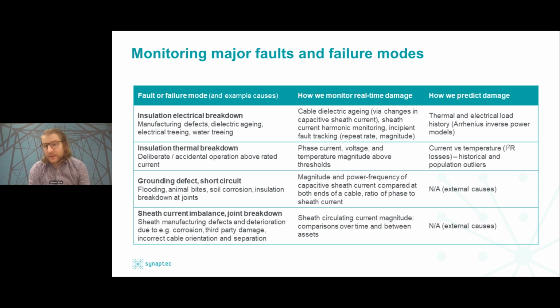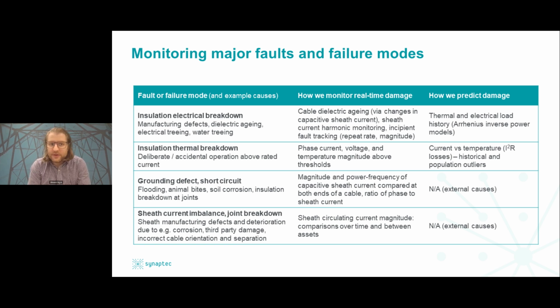And if I take one example here, just to make it a bit more realistic and practical, if we look at row 3 here, which mentions grounding defect short circuit, it's actually fairly trivial for us to detect screen bonding issues simply by monitoring the ratio of the phase current to the screen current, or the sheath current.